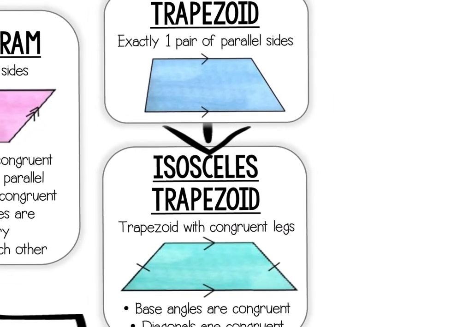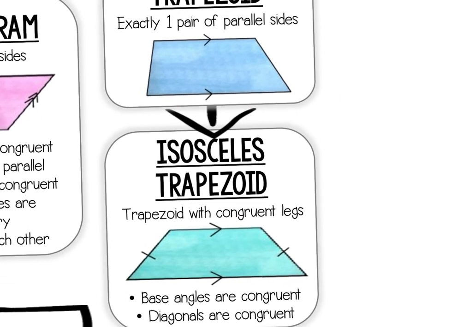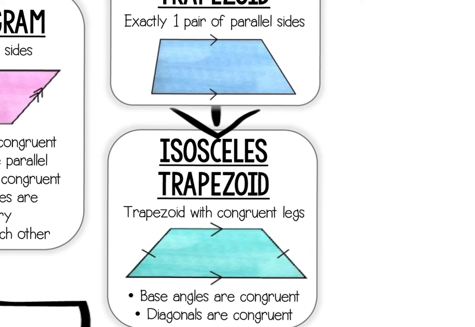And then to be a little more specific, the isosceles trapezoid. It's a trapezoid, so it has the characteristics of what is above it, one pair of parallel sides, but it also has a couple more things. The legs, which are the non-parallel sides, are congruent.